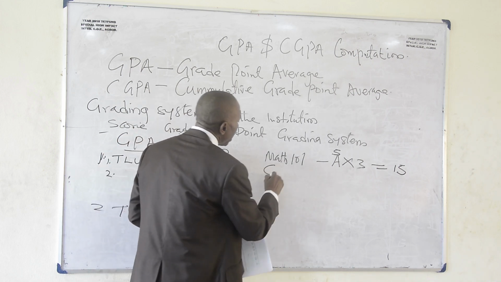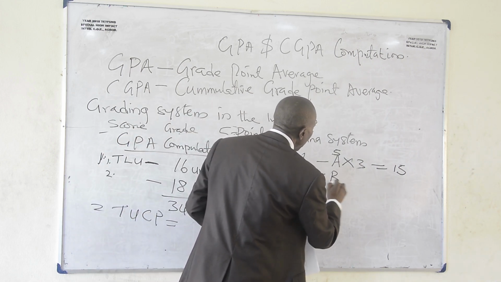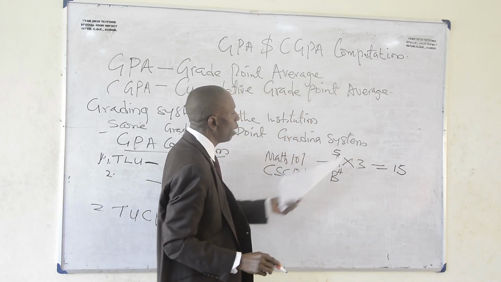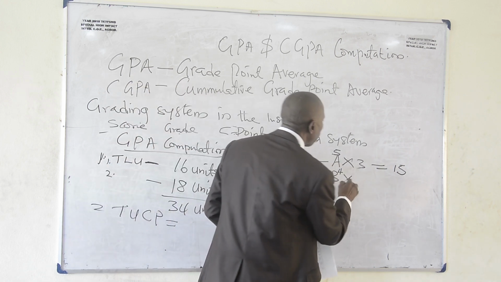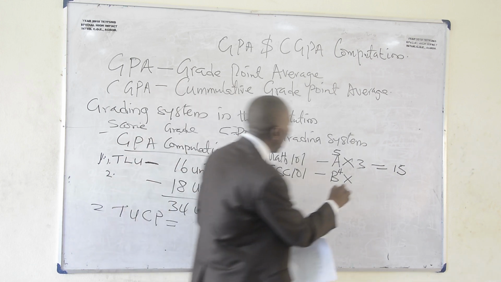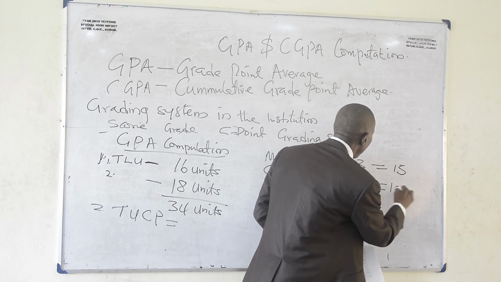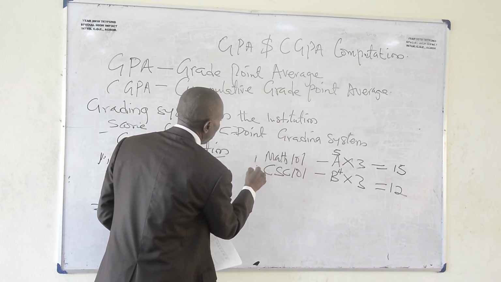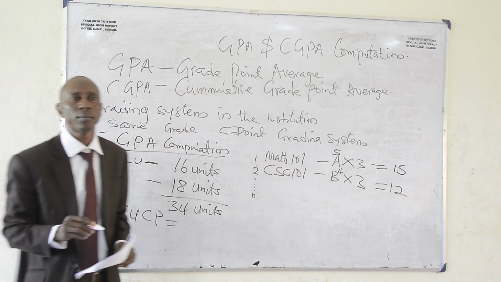If you have CSC 101 and you scored a B, a B is assigned 4 points from the grading system, times the number of units assigned to the course. If it's assigned 3, it now becomes 4 times 3, which is 12. So you will do this for the number of courses.